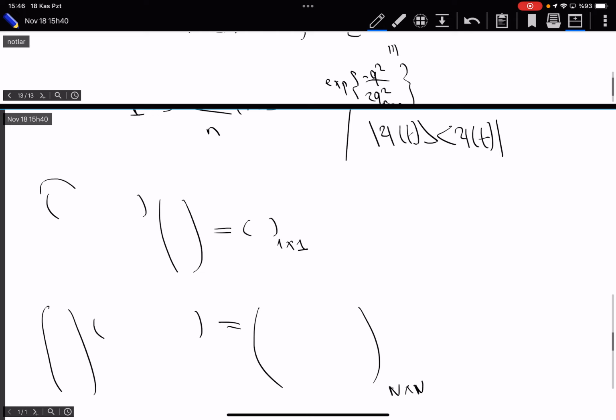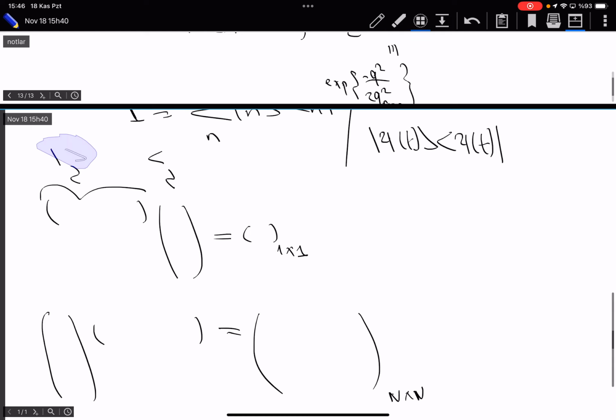This is like the bra. This is like the ket. So this is an operator, and that is the operator we call the density matrix, rho of t.